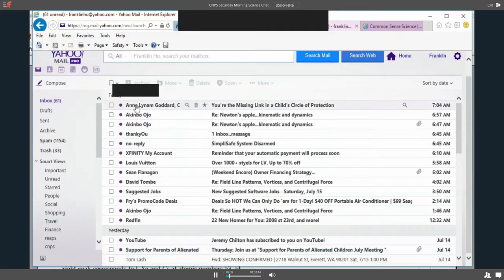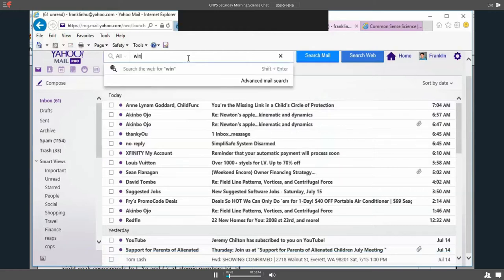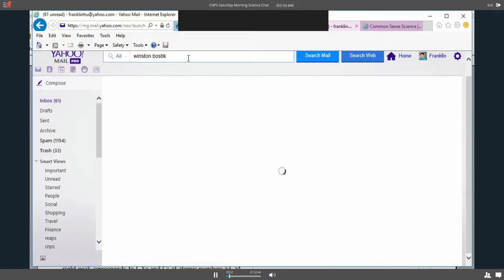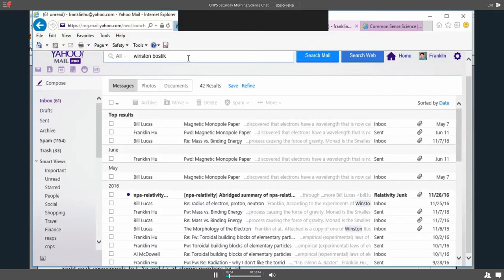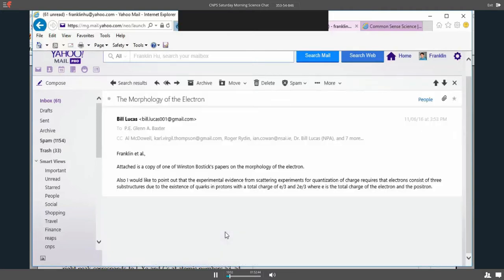So the idea of the monad that the Greeks wrote about, and also the Indian Jains, was that the properties of matter were determined by the geometrical structure of monads being combined together into a larger structure. So that was an interesting idea.